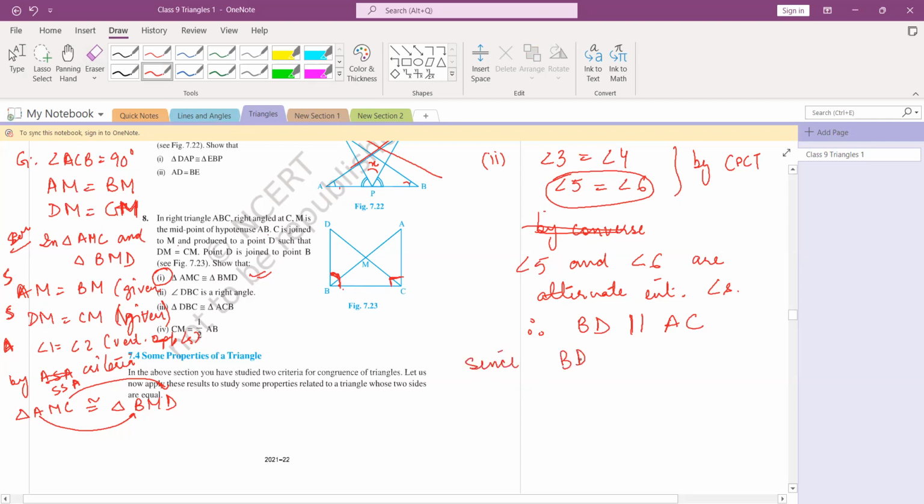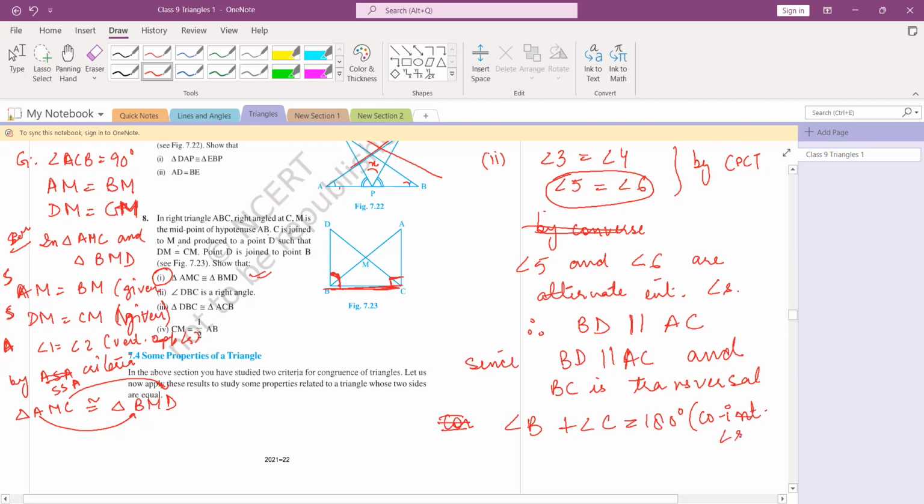Write it like this: since BD is parallel to AC and BC is a transversal. BC is a transversal which is cutting these two lines, BD and AC. So can I say that angle B plus angle C is equal to 180 degrees? Which property have I used here? Co-interior angles are supplementary. This is important. Please remember this.